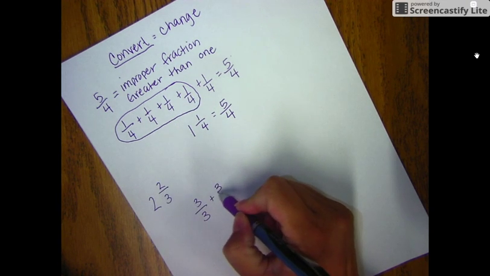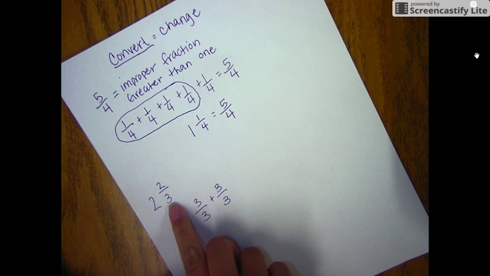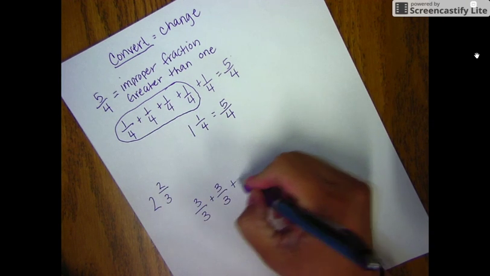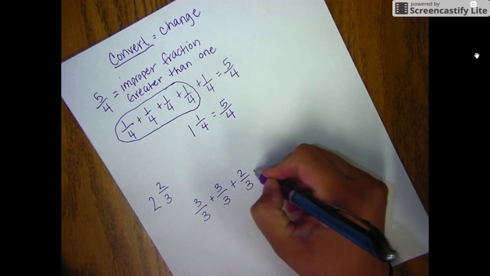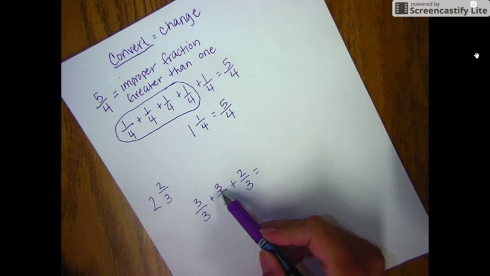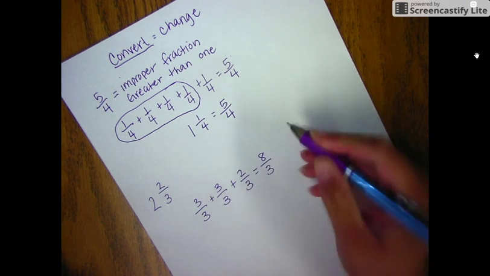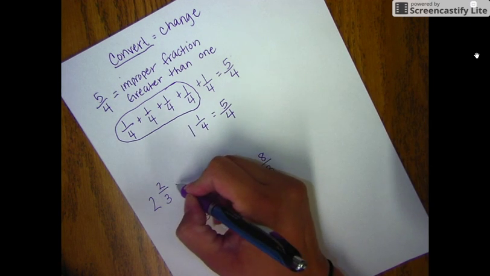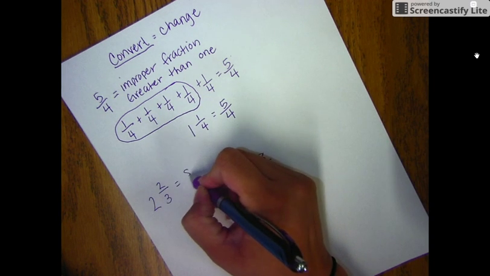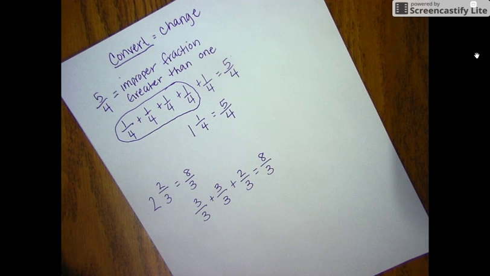So it'd be 3/3 plus 3/3 plus the 2/3. And if I add those together, I'm going to have 3 plus 3 plus 2, which is 8/3. So 2 2/3 is equivalent to 8/3.